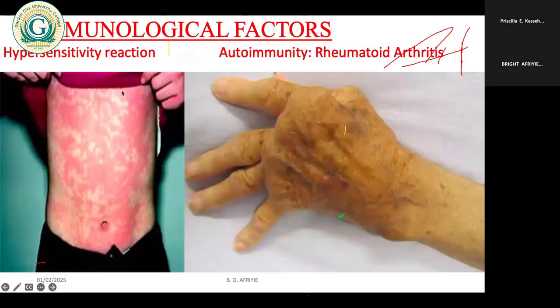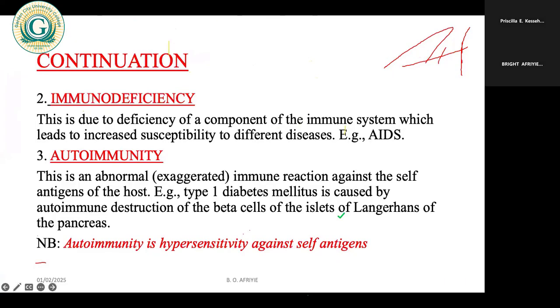The next one will be autoimmunity and then immunodeficiency. There are people that are not able to produce certain immunoglobulins or certain immune cells, which are needed to deal with certain infections and diseases of the body.